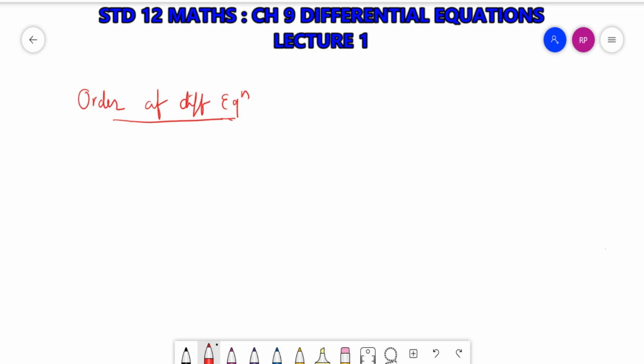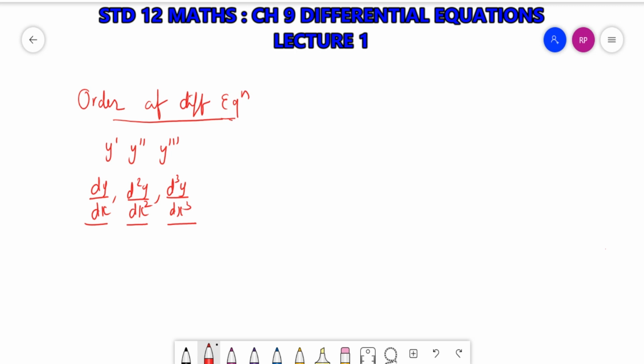I can take y dash, y double dash, y triple dash, or else dy by dx, d square y by dx square, and d cube y by dx cube. These are different forms. This we have differentiated one time, two times, and three times.